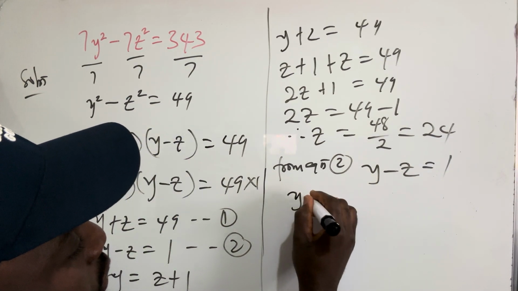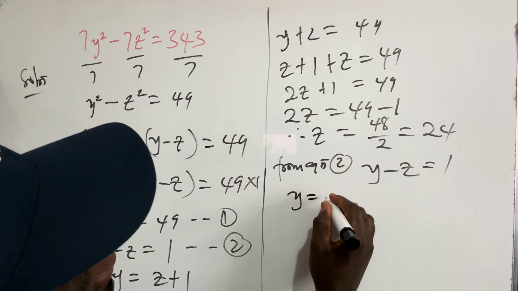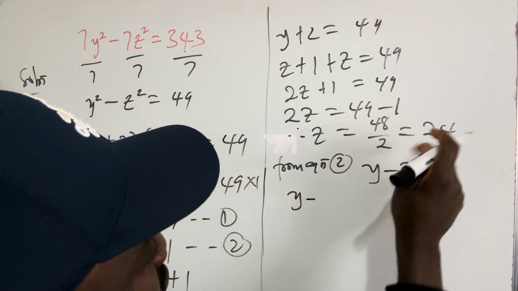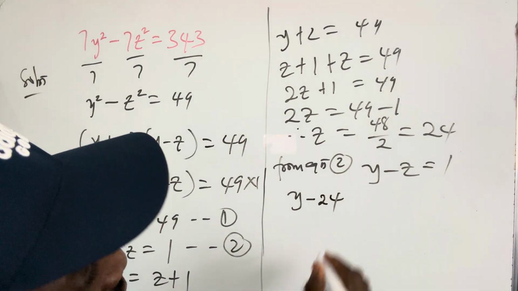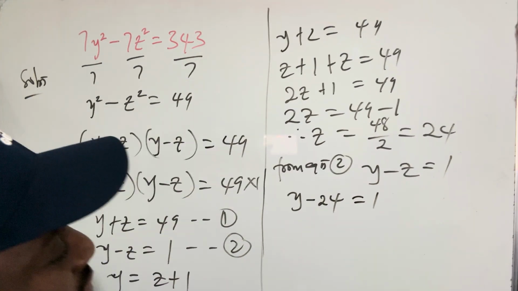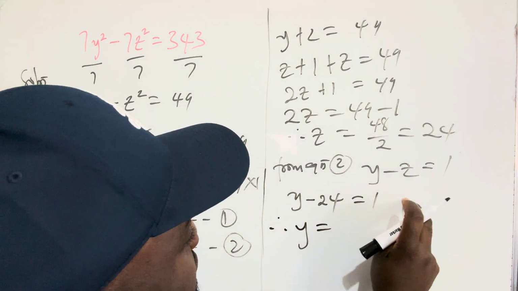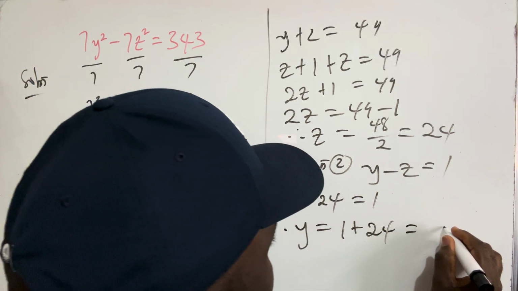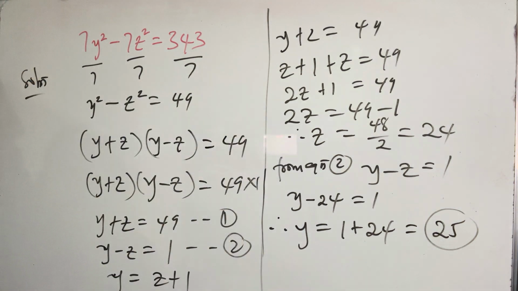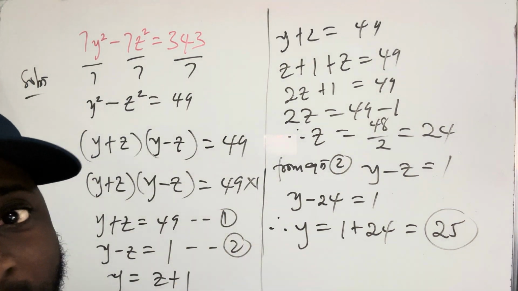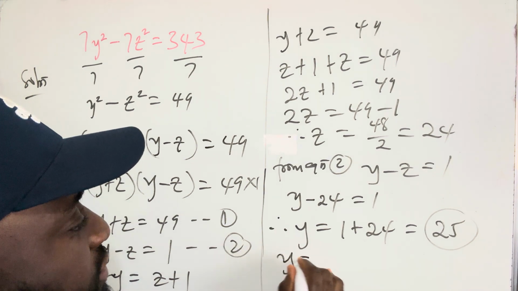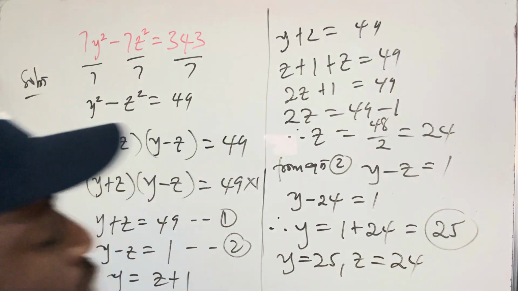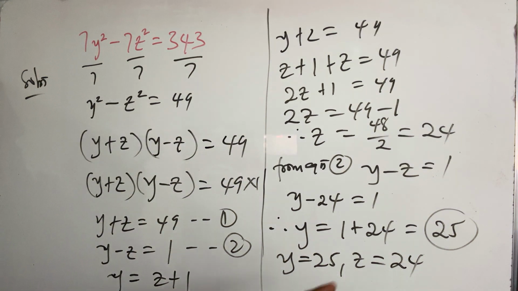So y minus 24 is equal to 1. Therefore, y is equal to 1 plus 24, which is 25. In this case, y is equal to 25 and z is equal to 24.